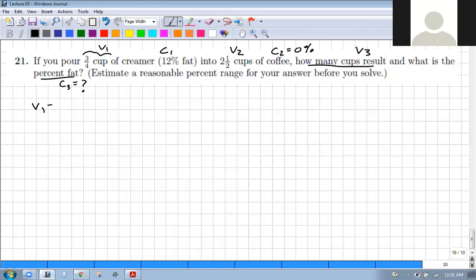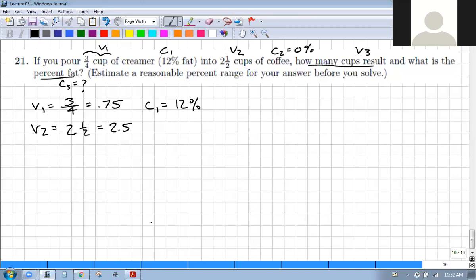V1 is 3/4 of a cup. It's also 0.75 if we want to do it with decimals. C1 is 12%. V2 is 2.5 cups.